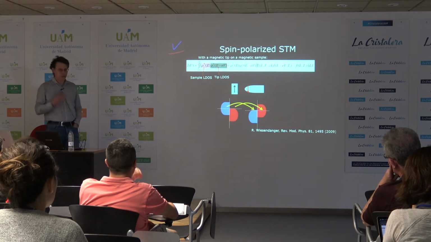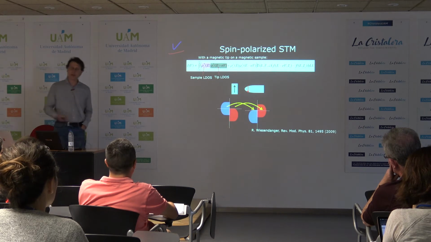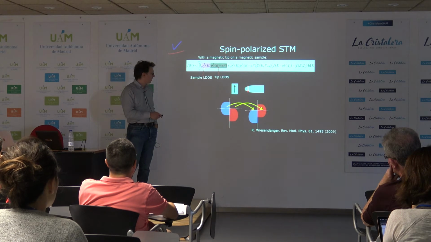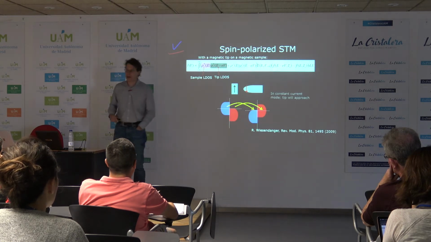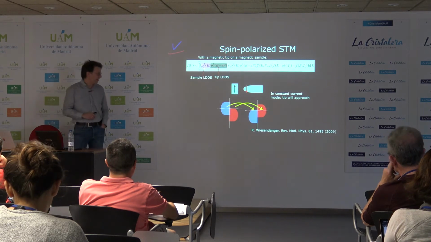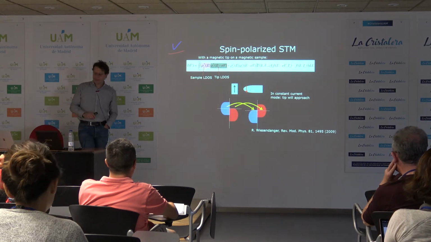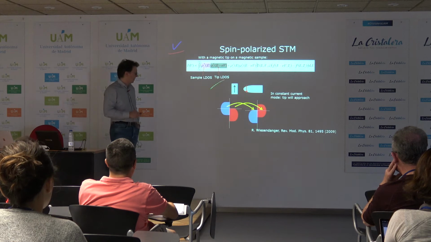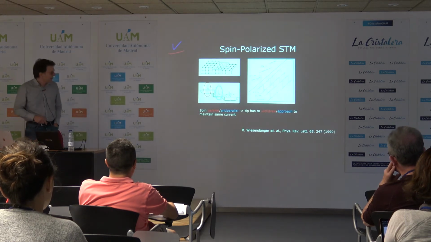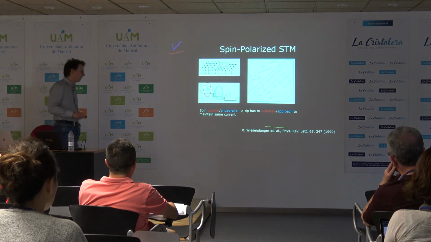And if you take a topographic image, because the STM tries to keep the current constant, your tip will actually move slightly closer to the surface, so those areas will appear slightly lower in the constant current image. And this was the basis for the first demonstration of spin-polarized STM by Roland Wiesendanger already in the 90s.